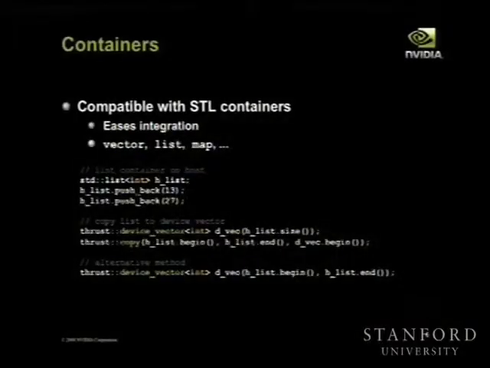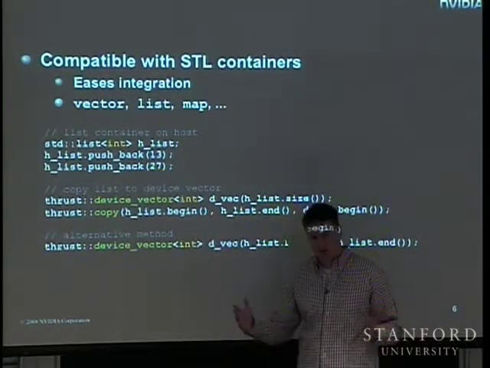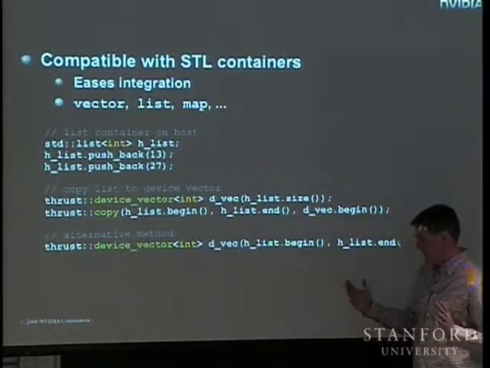Okay, if you have existing STL data structures, so in this case a list, you can very easily copy that data into a device vector. You just do the standard STL idiom. So if you're not familiar with the STL, I guess I should explain that this begin and end stuff is just a way of describing a sequence in either the STL or Thrust.